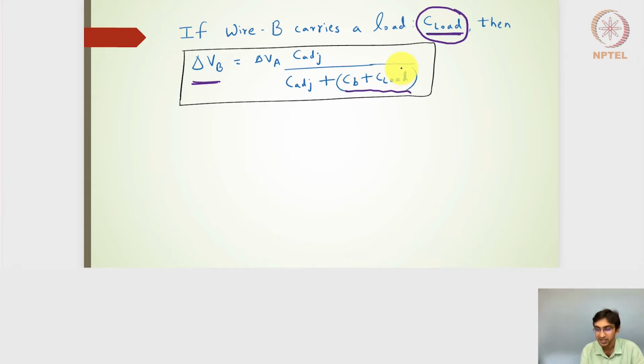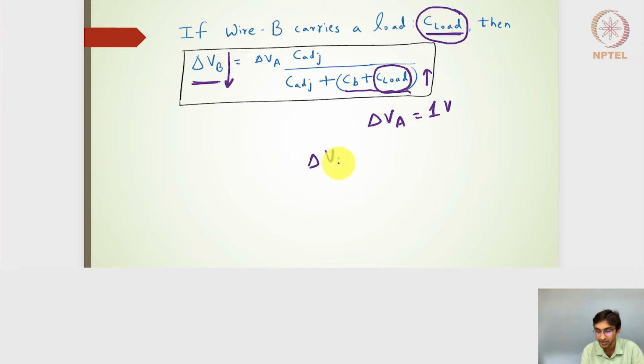So having the wire B driving another circuit will be useful in reducing the overall crosstalk effect, because this parameter increases the denominator, and then my delta VB is likely to reduce. So now if I have C load equal to CB equal to C adjacent, I will have delta VA, which is anyways 1 volt, as we are considering 1 volt.